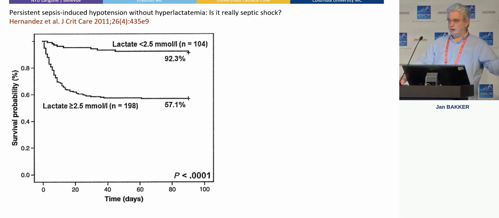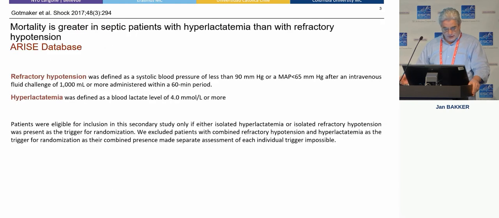And so a patient with septic shock without lactate, so vasopressors, but no lactate, is something different than a patient on a vasopressor with lactate, 90% versus 57%. This is a study from 2011.